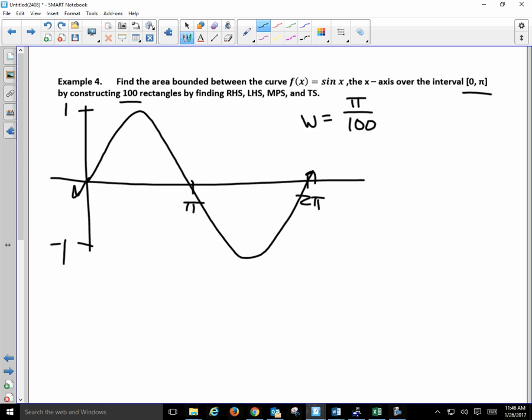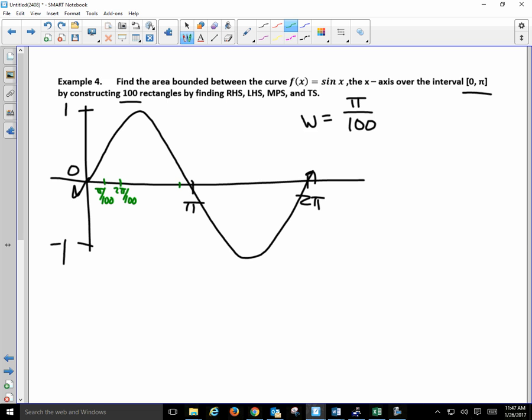The width divided by the number of rectangles. So it looks like I start here at 0, I end there at pi, and I'm going to have all these different spots that show me what the sub-intervals are. For example, this spot right here would be pi over 100, and then I would have 2 pi over 100, and then 3 pi over 100, 4 pi over 100, so on and so forth.